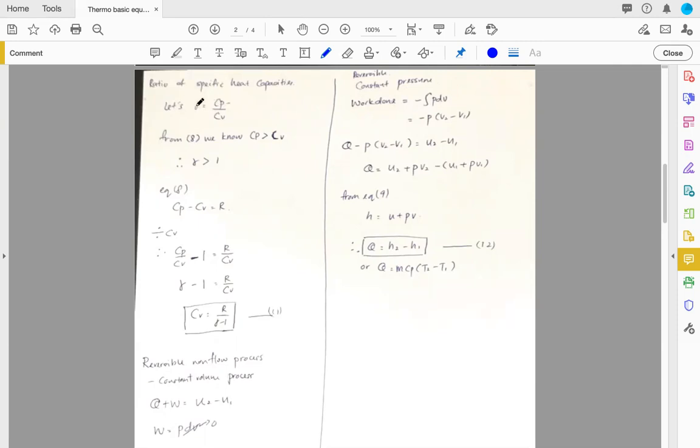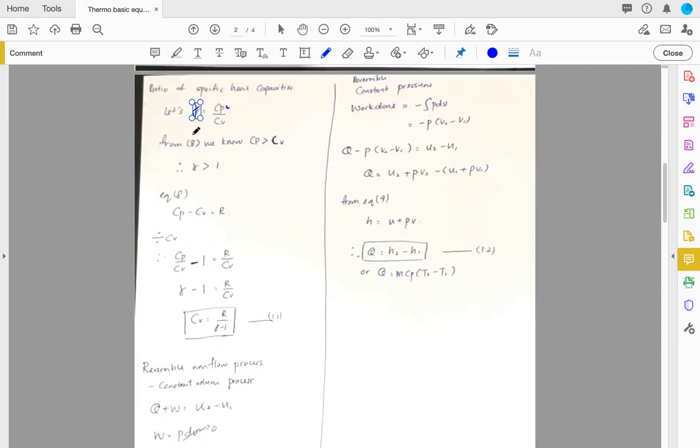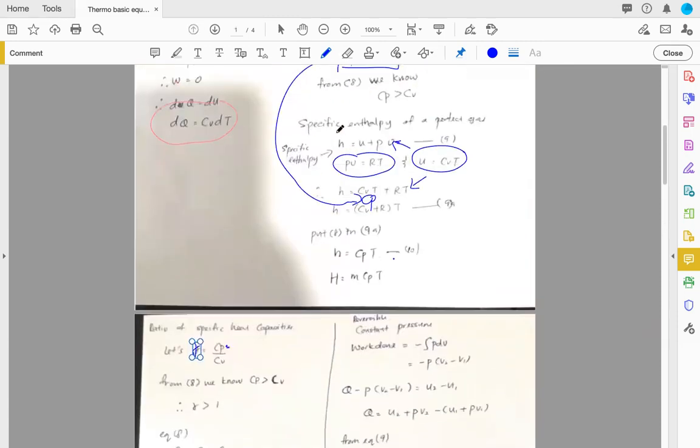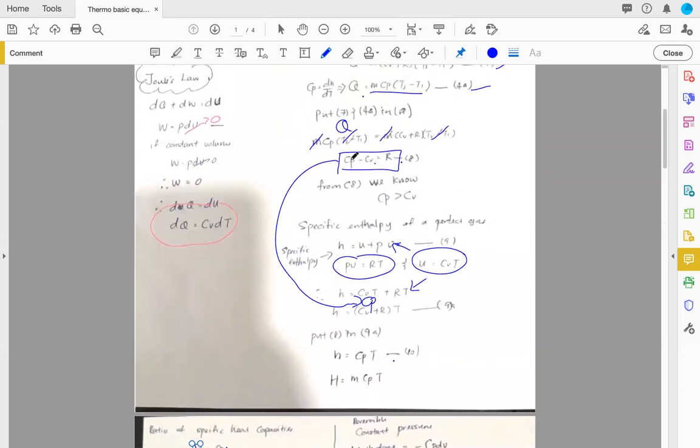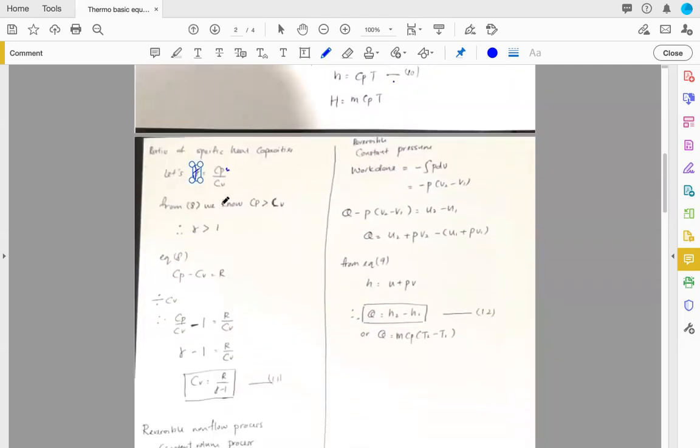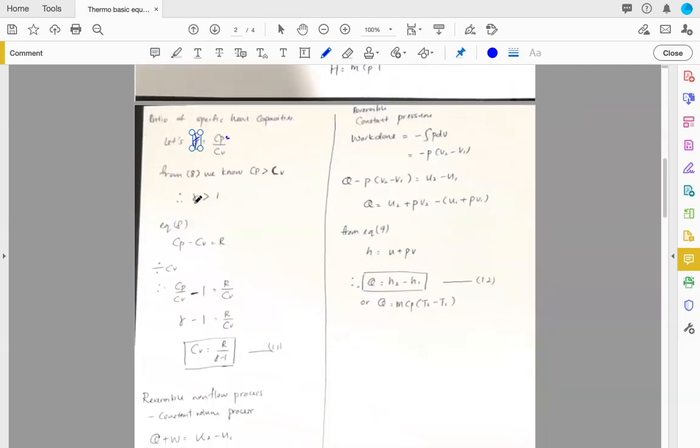Let's make gamma Cp over Cv. So from equation 8, we know that Cp is definitely bigger than Cv, right? So in other words, this ratio should be more than 1.